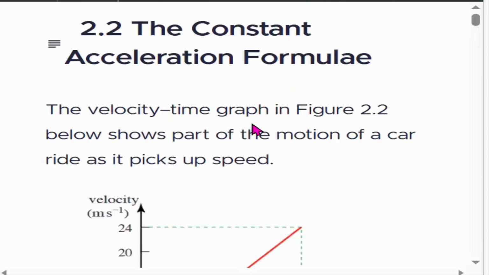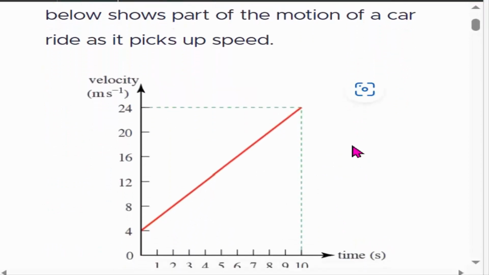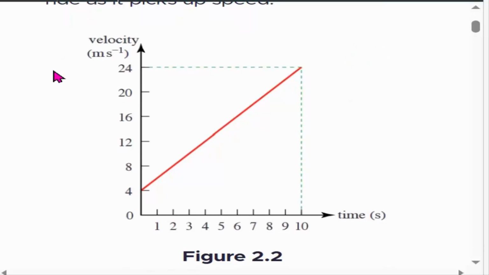The velocity time graph in figure 2.2 below shows part of the motion of a car as it picks up speed. It starts from 0 seconds up to 10 seconds, and the velocity at 0 seconds is 4 meters per second, and it picks up velocity up to 24 meters per second in 10 seconds.